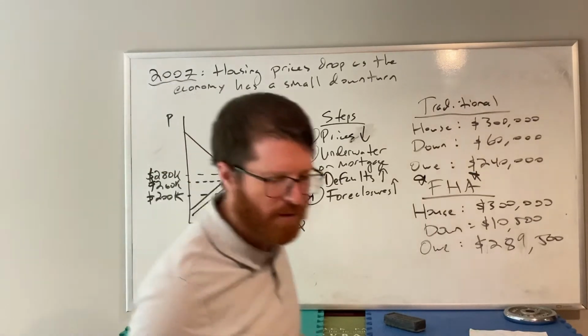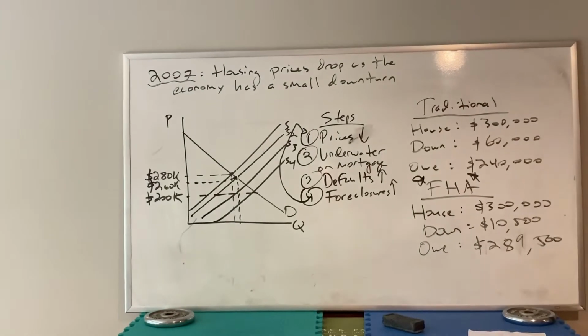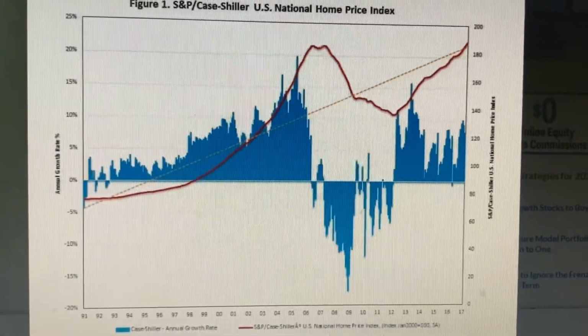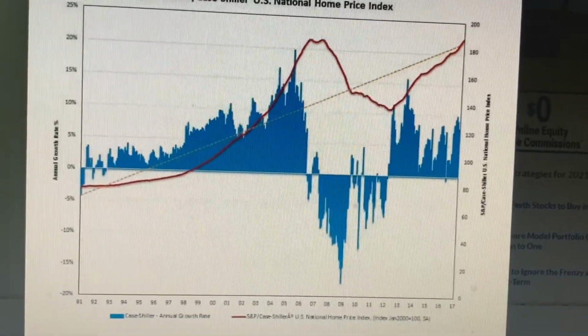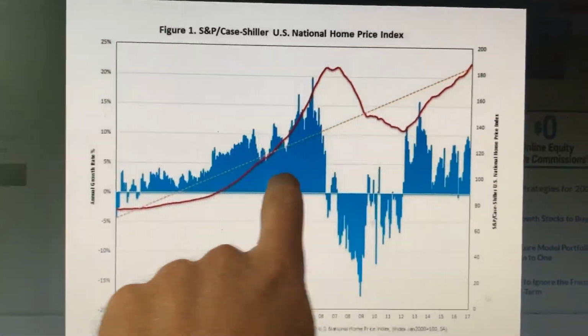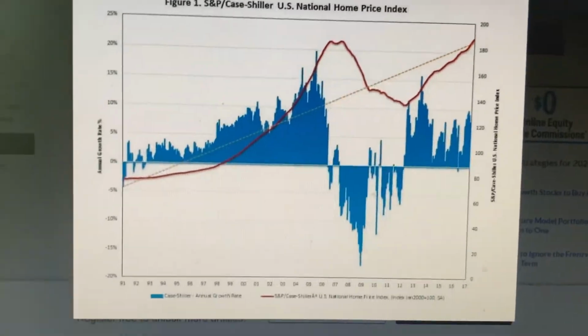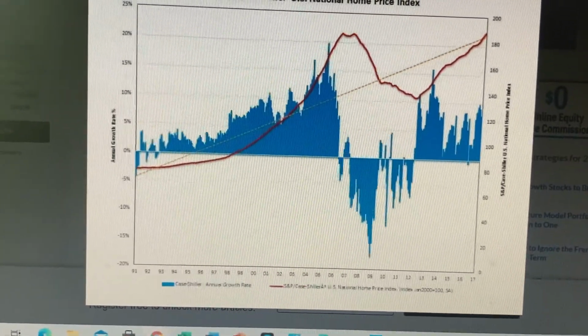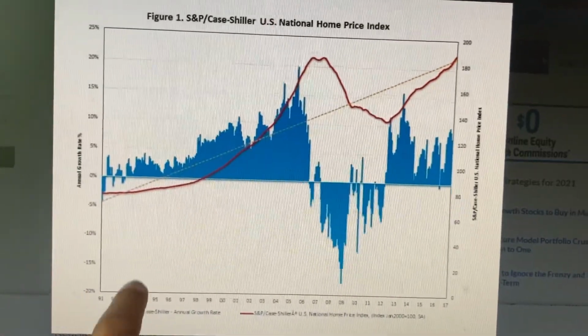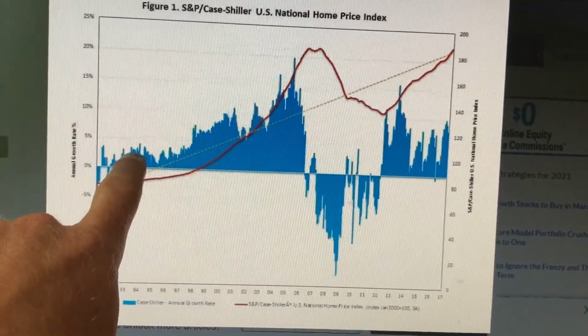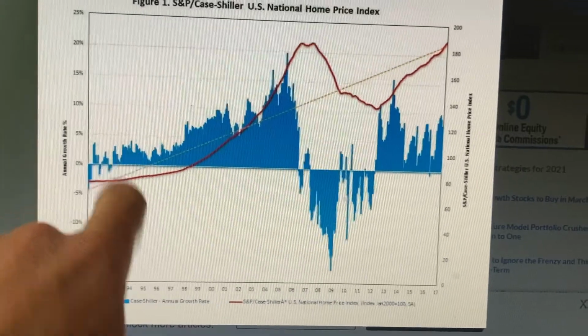Let me show you some data. So this is the graph of housing prices in the United States. The blue data you see here, this is the percentage change at an annualized rate. So what that tells you is, for example, in 1994, housing prices were going up about 2.5%, 3% a year, which is typical.